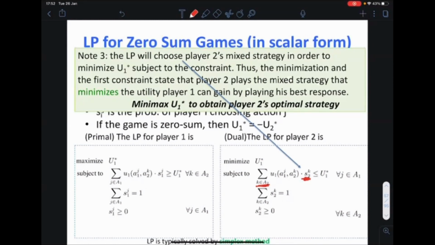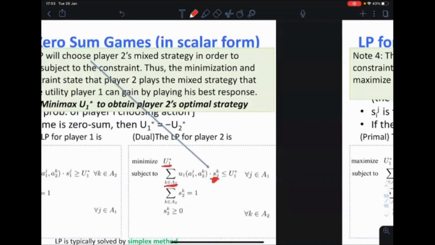Therefore, the minimization and the first constraint state that player 2 plays a mixed strategy that minimizes the utility player 1 can obtain by playing his best response, right? This player is going to choose in such a way that this upper bound is minimized. So in other words, min-max is you want to obtain the player's optimal strategy, right? That's what this underlying algorithm is doing.